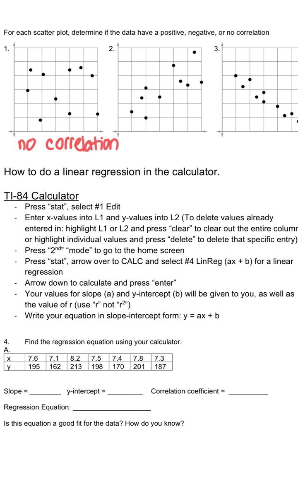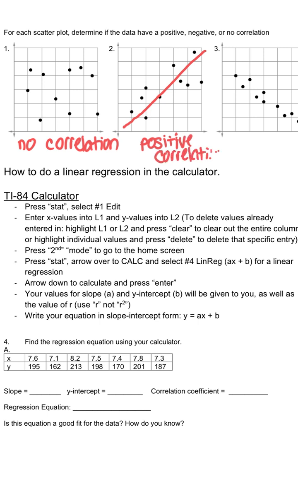Let's go ahead and look at the second scatter plot. You can see that all the data is kind of trending from here to here, right? Therefore, this would be a positive correlation. It has a positive slope, so it would be a positive correlation.